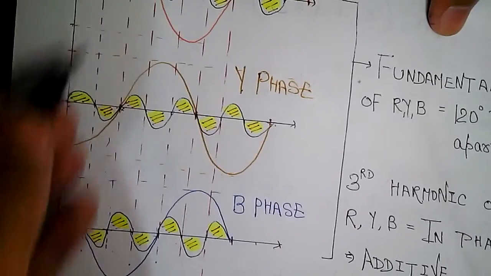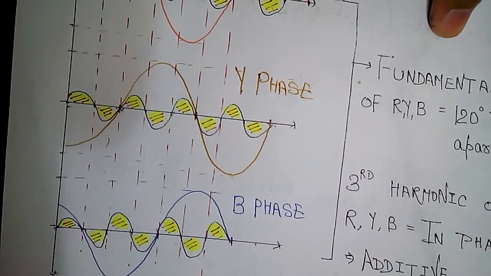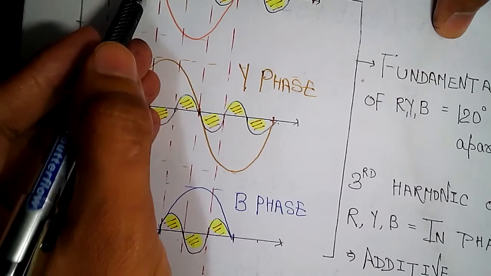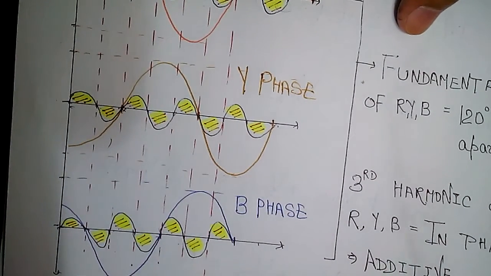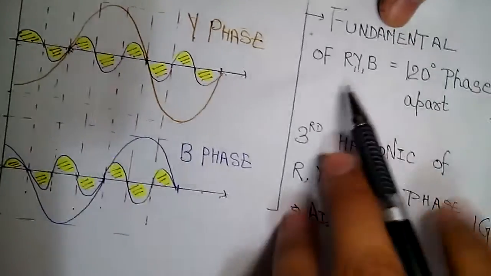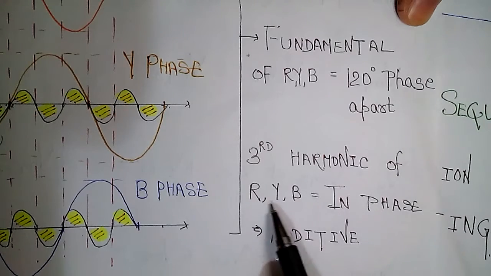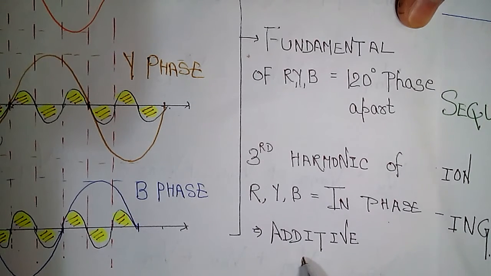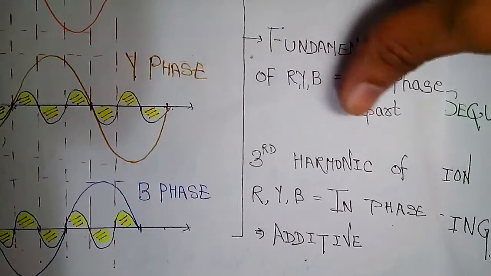These will behave in an additive way. So in the final waveform, in the return, these will add up and result in a high current value. So my fundamental is 120 degrees phase apart, but my third harmonics of R, Y, B are in phase, that is, they will behave as additive. These three will add up to each other.